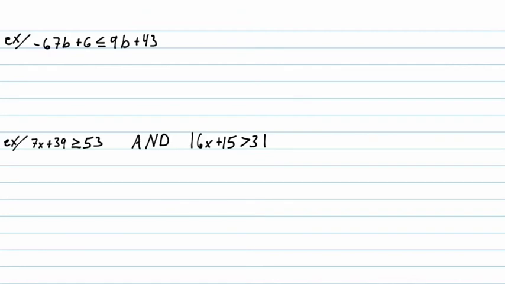So the first thing I would do is subtract over the 9B. Subtract that over to the 67B. And that should be 76. So a negative 76B.